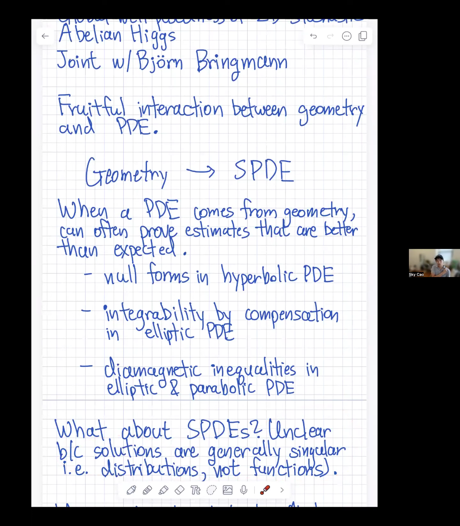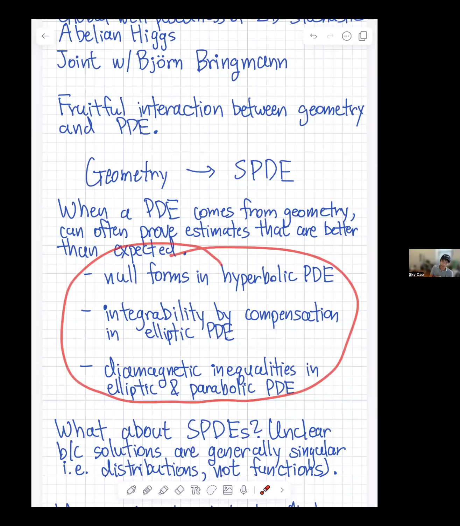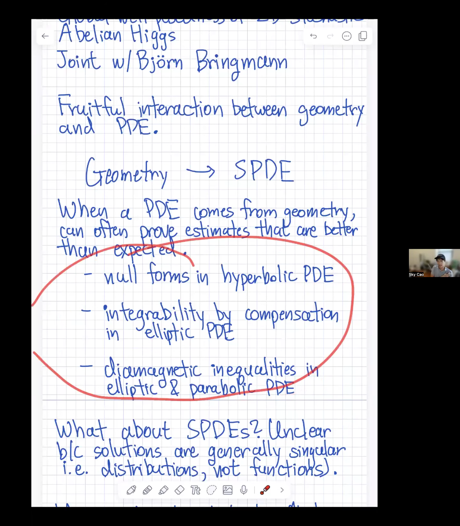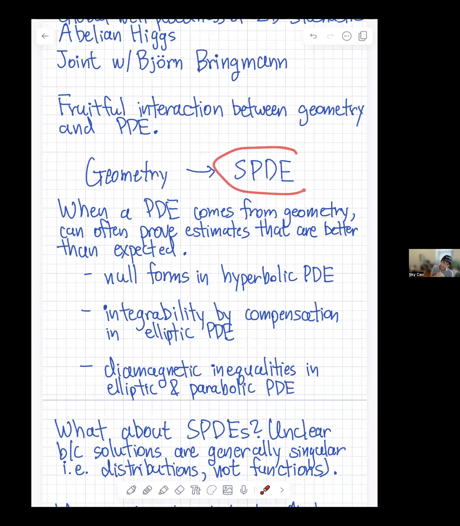So basically the solutions are not function valued anymore. They take values in spaces of distributions, so negative regularity distribution spaces. Whereas all these estimates are for positive regularity functions. So none of these classic things apply anymore, and that's why it's unclear how geometry informs SPDE.